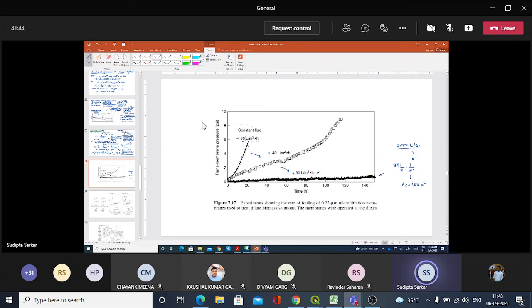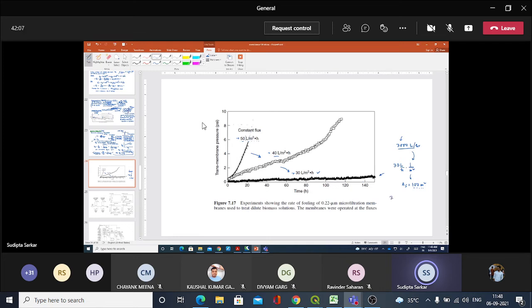Obviously, to produce this amount of water, you need 100 meters square of membrane, and the membrane cost depends on how much square meter of surface you require.